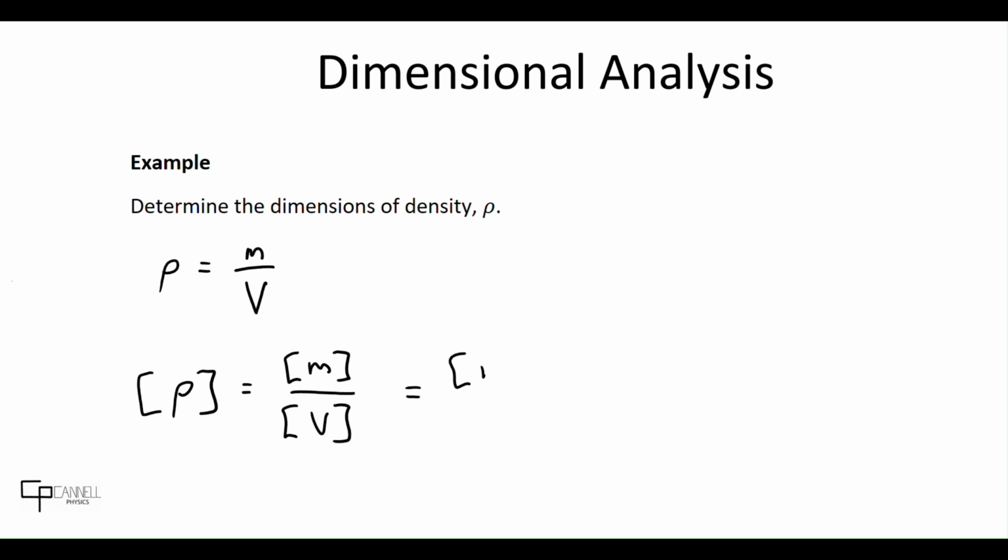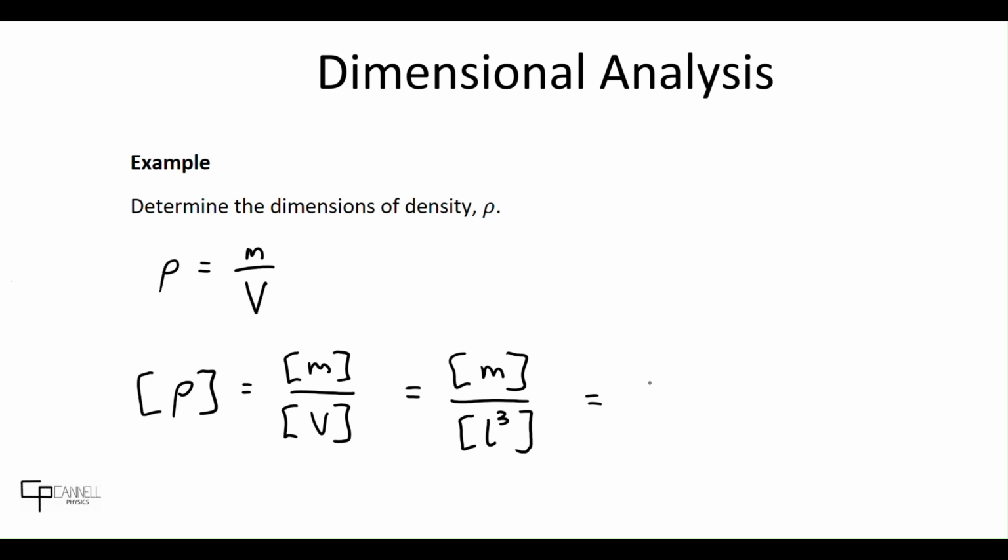Volume is a length value cubed, so we'll just use lowercase l for the length. We can just assume the 3D shape is a cube because the dimensions will be the same regardless of what shape it is. Now that we have our fundamental quantities, we can write the dimensions.